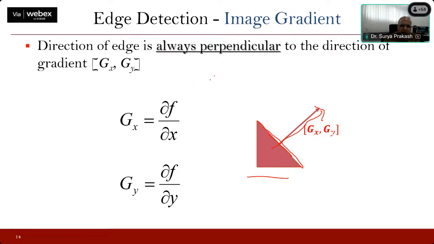Now when you are computing del f by del x, you are computing the change in the x direction. Here you are computing the change in the y direction.